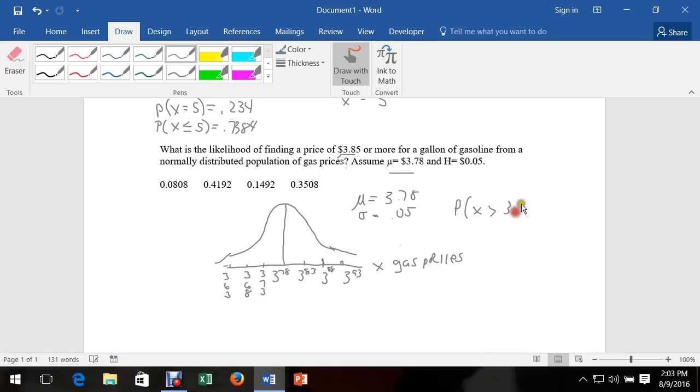And so what they want to know is, what's the probability that the price of gas is going to be greater than 3.85? The reason I like to sketch this out is because it tells you where you are. Here's 3.83, so 3.85, let's say, is in here someplace. And they want this probability right there. So right away you know your answer's got to be less than 0.5. Why?